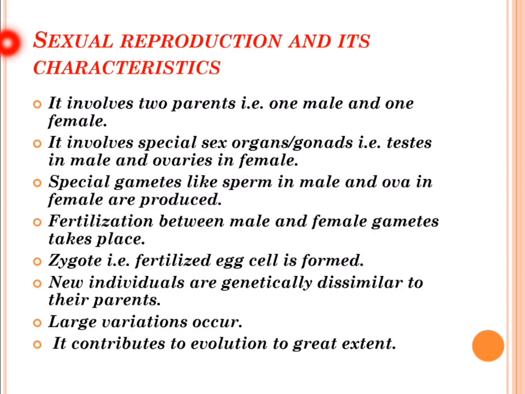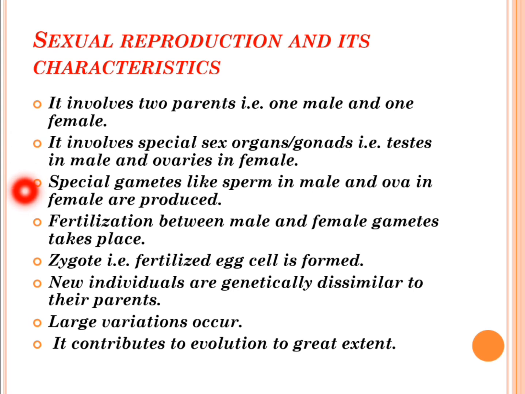What is sexual reproduction and its characteristics? Sexual reproduction involves two parents, that are one male parent and one female parent. So sexual reproduction is biparental. It involves special sex organs or gonads, that are testes in males and ovaries in females.